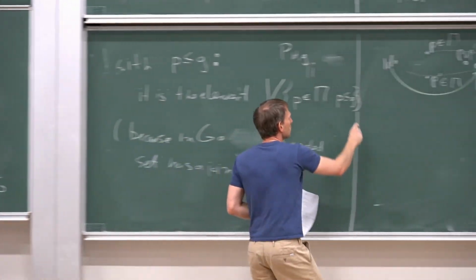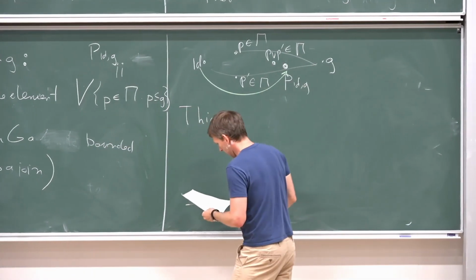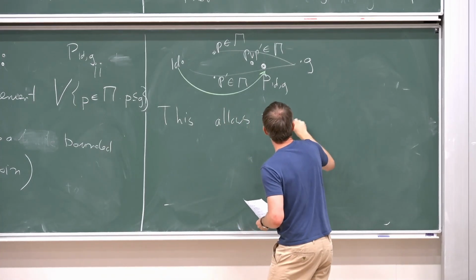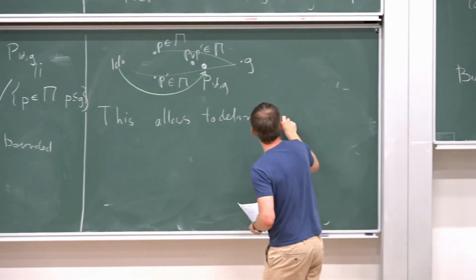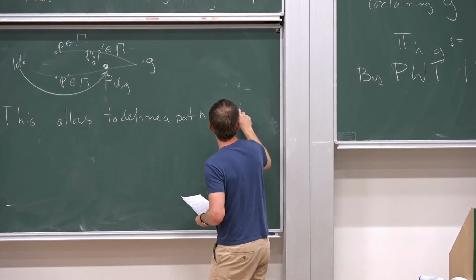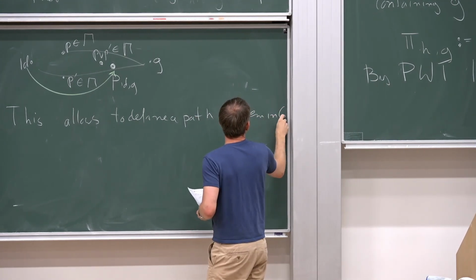Okay, so let me write it that this allows to define, analogously as for the voracious projection, a path system in the group, just as before.